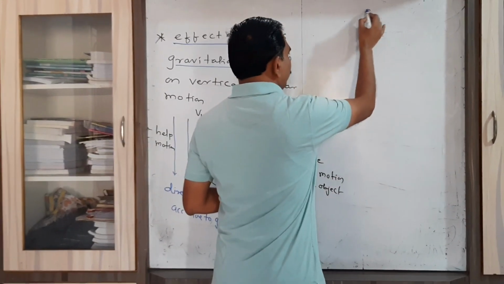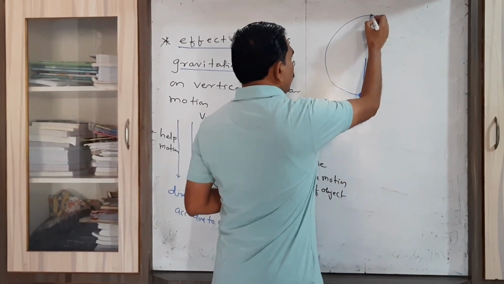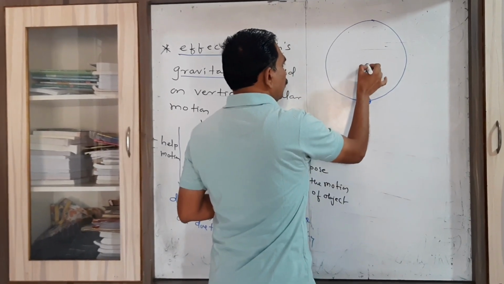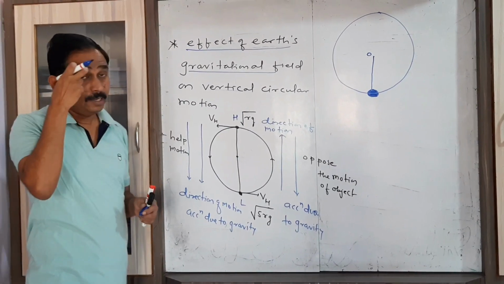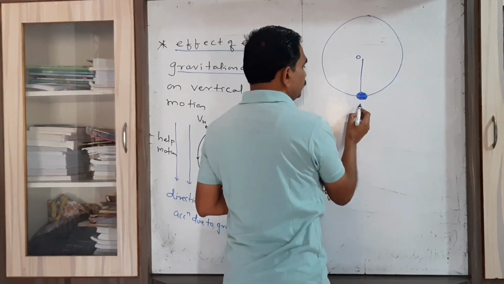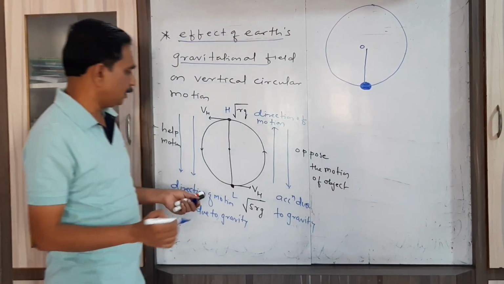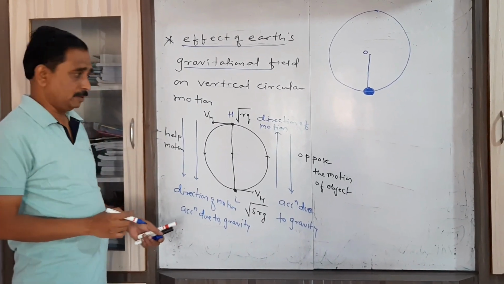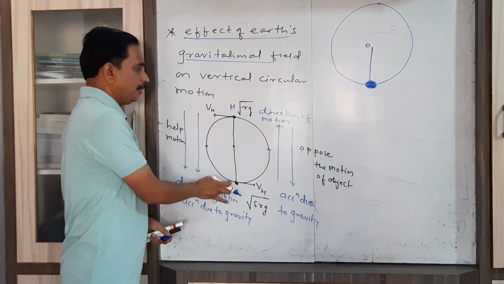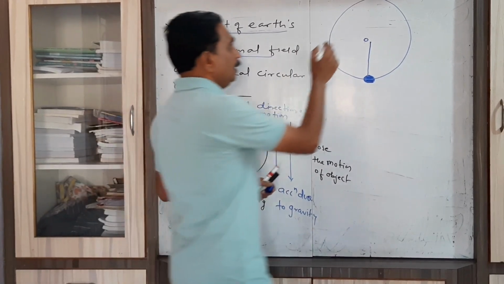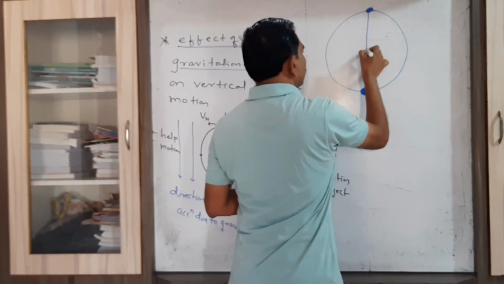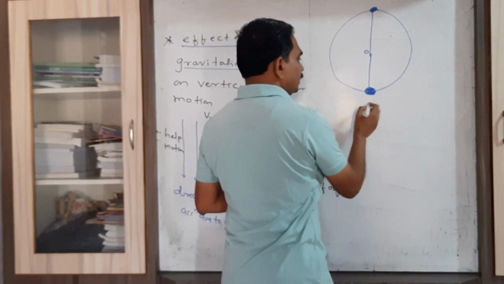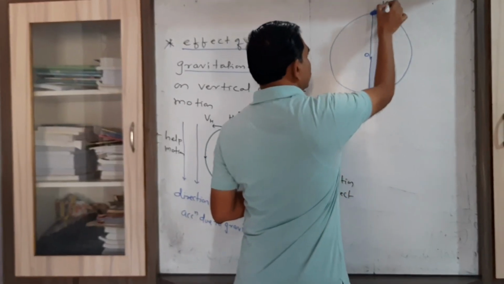And when it is whirled in a vertical plane, then obviously it changes its position. So we have to consider the two positions, that is L for the lowest position and H for the highest position. During its motion, this object changes its position continuously.